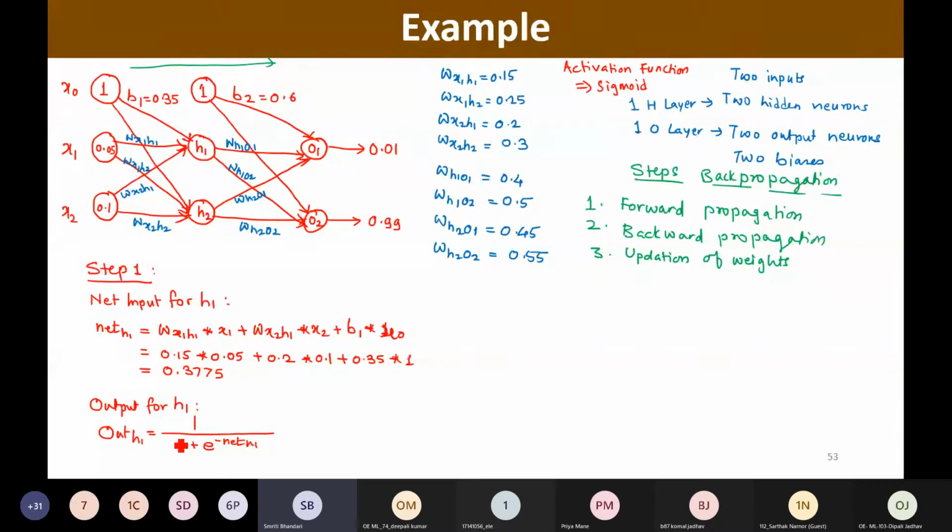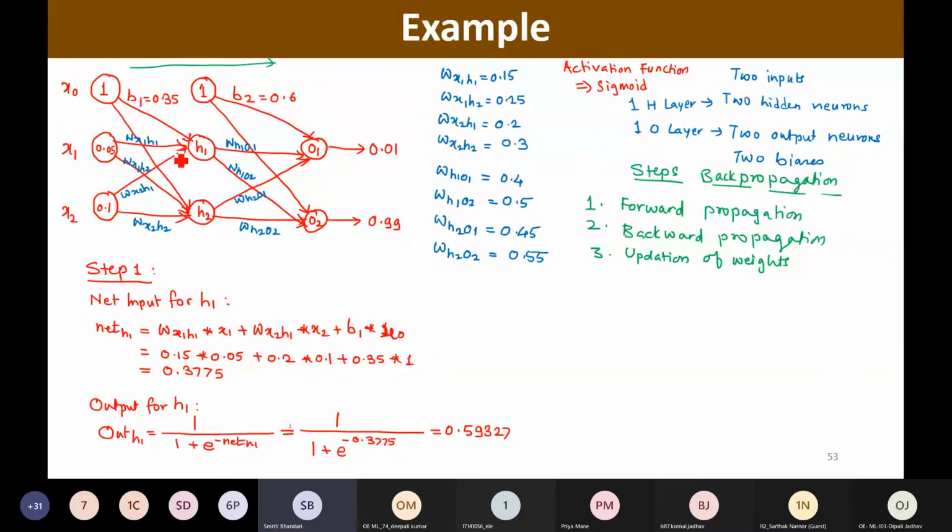Okay, so this is nothing but 1 divided by 1 plus e to the power minus 0.3775. Correct? So this comes out to be 0.59327.